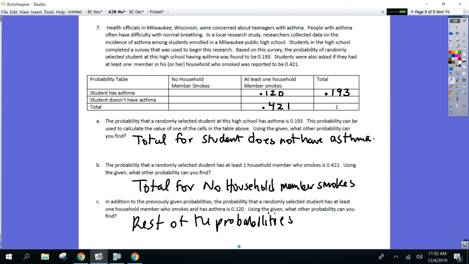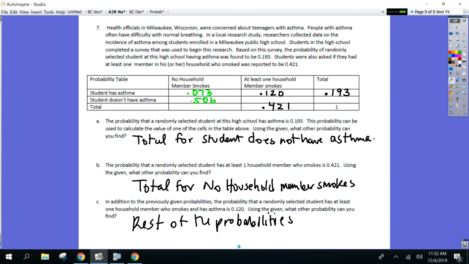No household member smokes, student has asthma, point. Student doesn't have asthma, no household member smokes, 0.506.